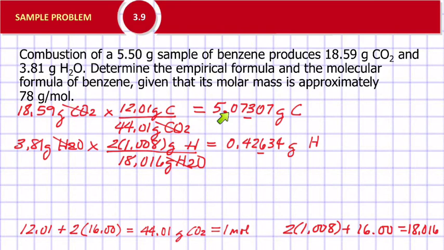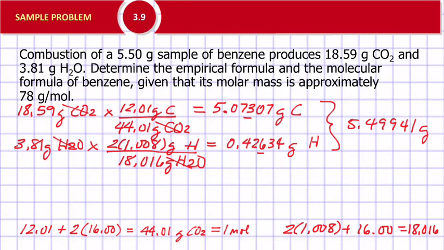Well, here's our carbon and hydrogen. What do those add up to? 5.07307 plus 0.42634. So these guys together are 5.49941 grams of that original sample.